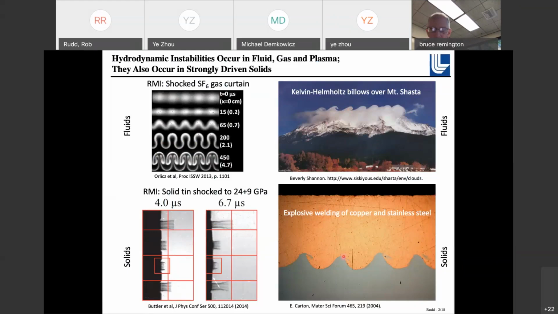In solids, if you have two metal plates that come together in an oblique impact, you get the Kelvin-Helmholtz instability forming at the interface. And in this case, it's important for the industrial process of explosive welding, so that the roughening that forms at the interface is part of what helps lock the materials together.